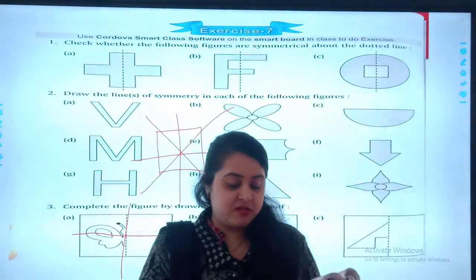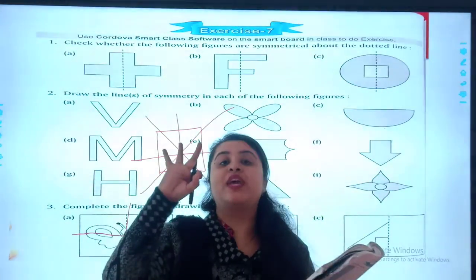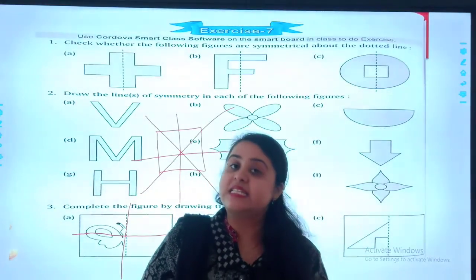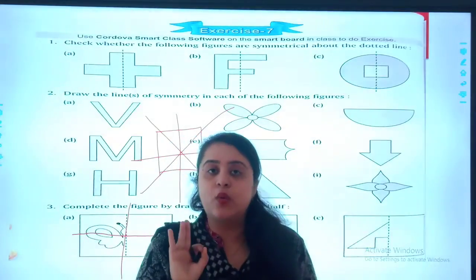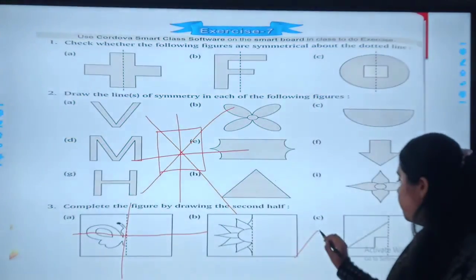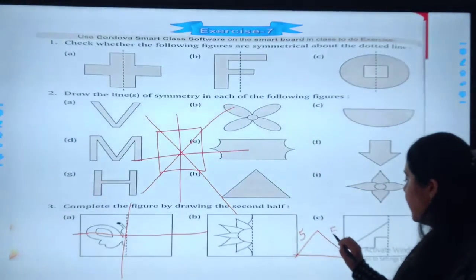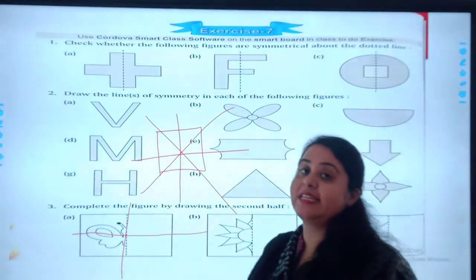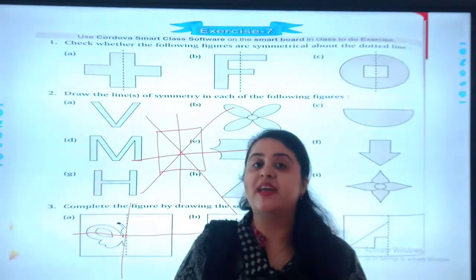The fourth is an equilateral triangle has 3 lines of symmetry. Equilateral triangle ऐसे triangles होते हैं जिसके तीनों side equal हो. This is a triangle 5, 5 and 5. जिसके तीनों sides equal हो, उस triangle को बोलते हैं equilateral triangle.